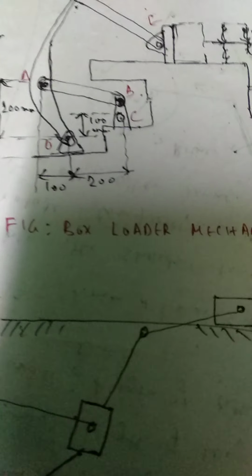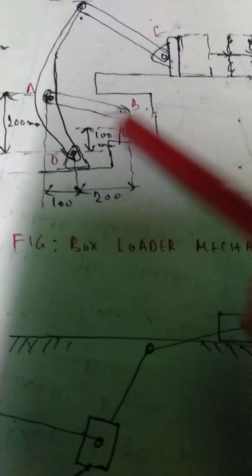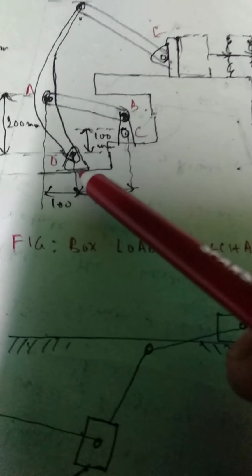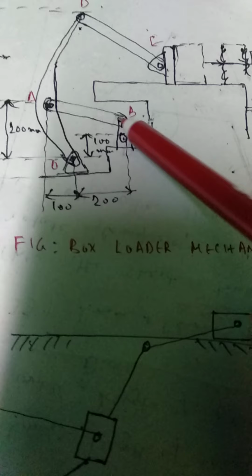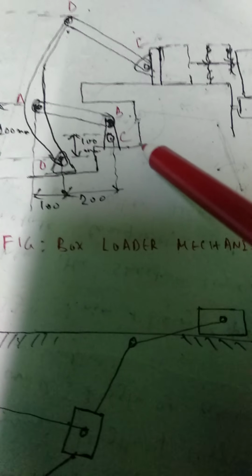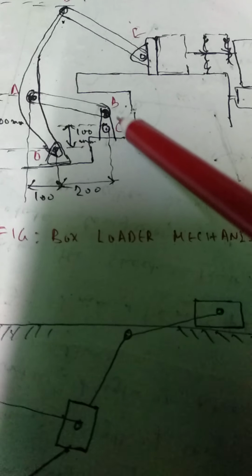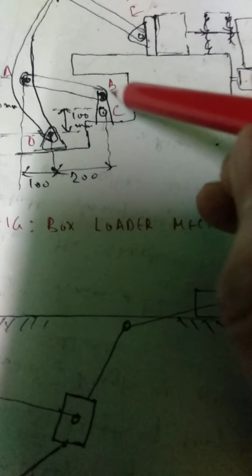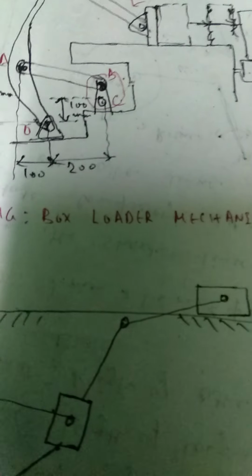So in this 4R chain, ABCO, this 4-bar chain, this link is able to rotate continuously. So this is the crank.